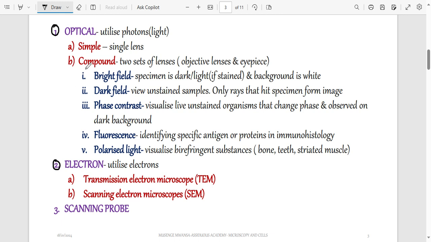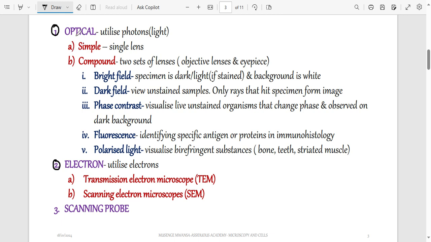Optical, every time you hear of optical, it has to do with light. So optical microscopes are microscopes which use light. So you want to view things, but then you have to use light for you to be able to view those things. Electron microscopes are going to use electrons for you to be able to see those things that you want to see.